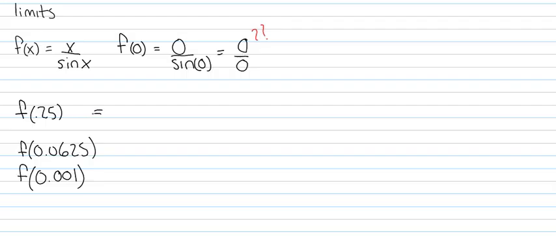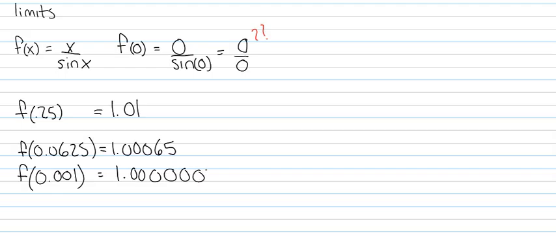If we look at f of 0.25, that's going to be calculated out as 1.01. F of 0.0625 is going to be 1.00065. And f of 0.001 is going to be 1.000000167. And so these numbers appear to be getting closer and closer to 1 as x gets closer and closer to 0.